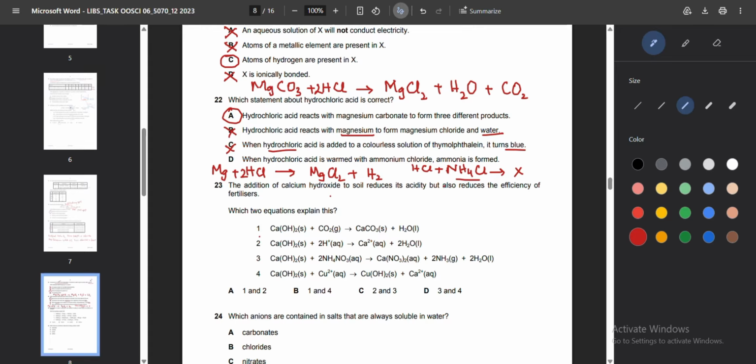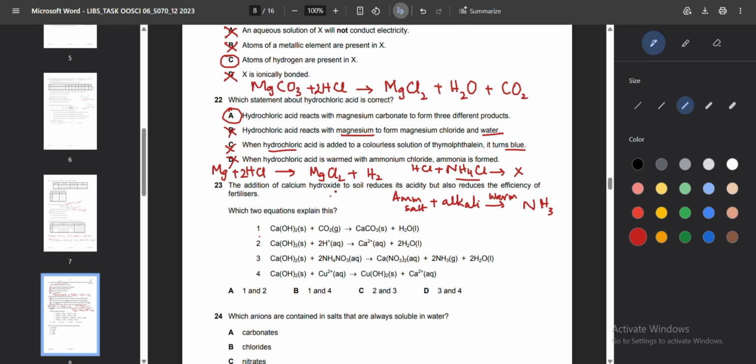So there will be no reaction. On the other hand, if you have any ammonium salt and you react it with any alkali and you warm it, then in that case ammonia gas is formed. So this option is not correct as well.